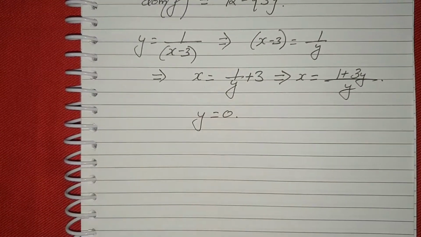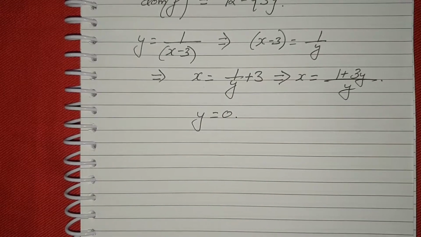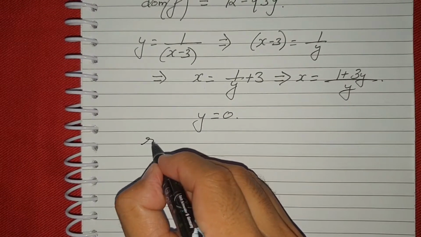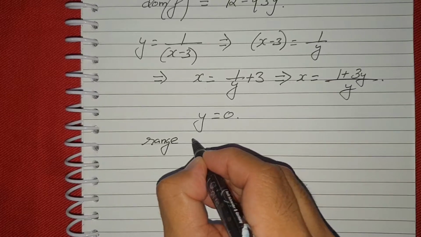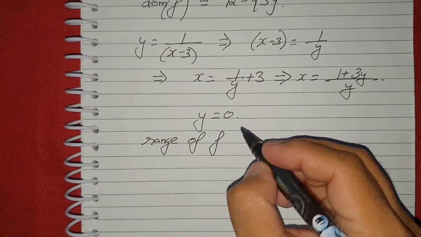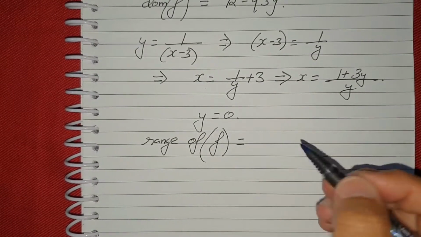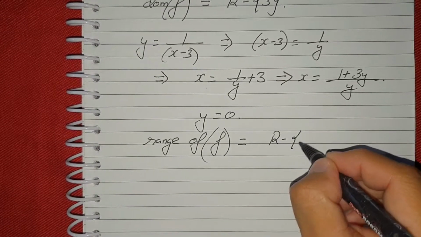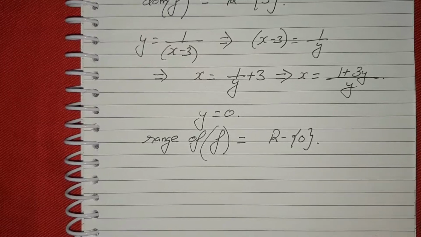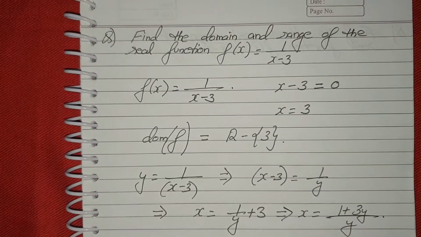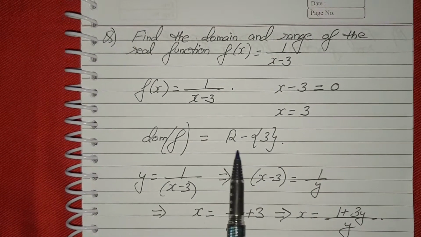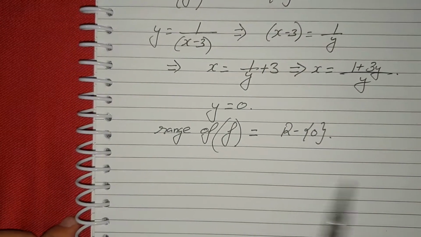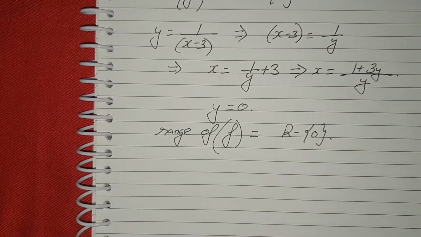So y cannot take the value 0, any other real number is fine. So the range of f is R - {0}. So the domain of f is R - {3}, the range of f is R - {0}.